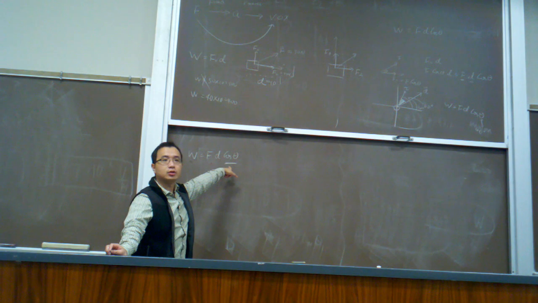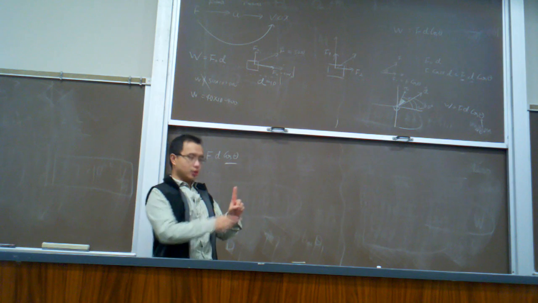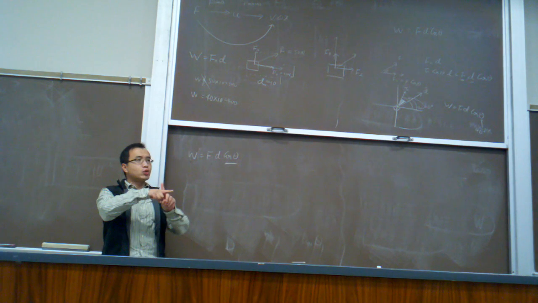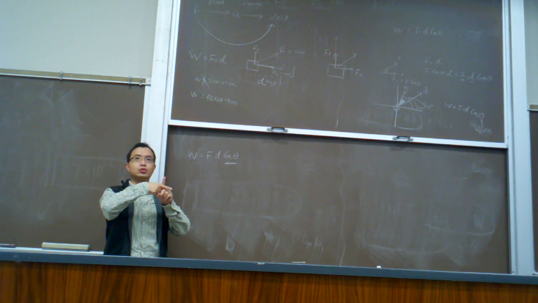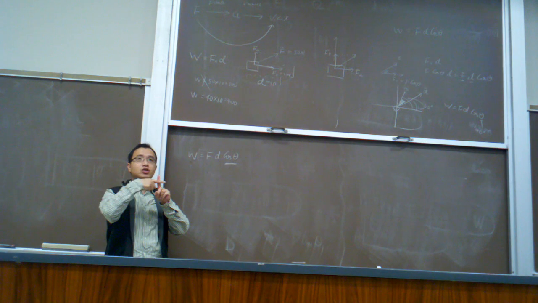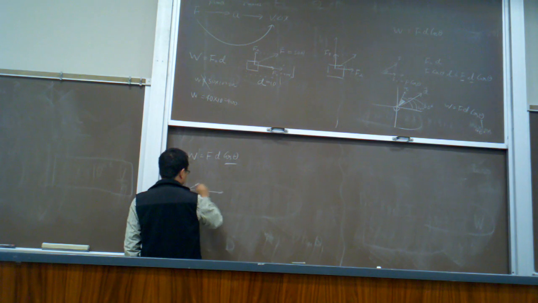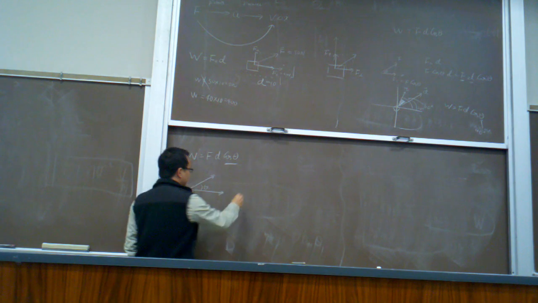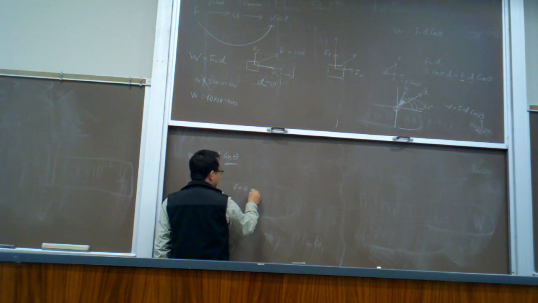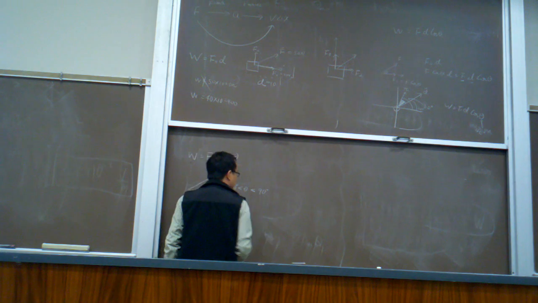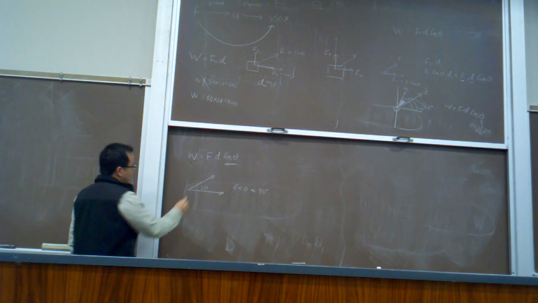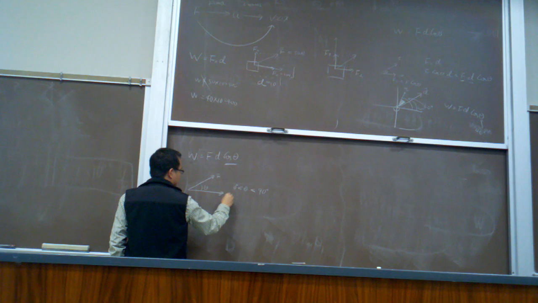The sign of the work is determined by the sign of cosine theta. Physically, that means it's determined by the relative direction of the two quantities, the direction of the motion and the direction of the force. For example, if theta is greater than 0 and smaller than 90 degrees, an acute angle, this is F, this is the distance.